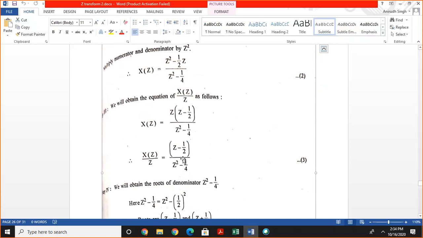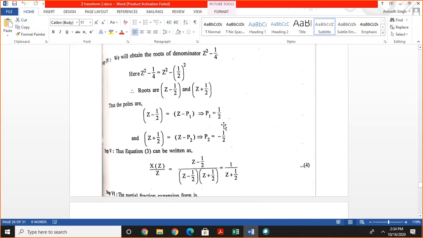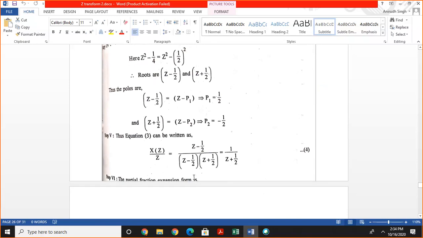It means it is in proper form. So we calculate first, we multiply and divide this by z square, and we get the final expression like this. And then we calculate or obtain the value of X of z divided by z.